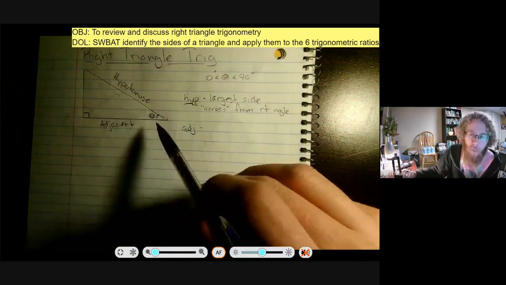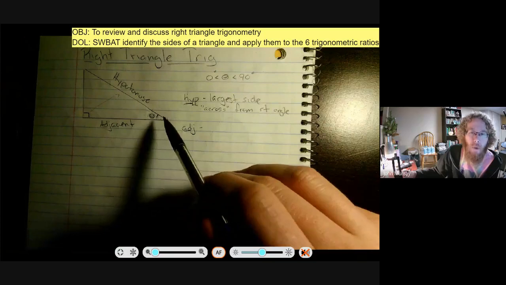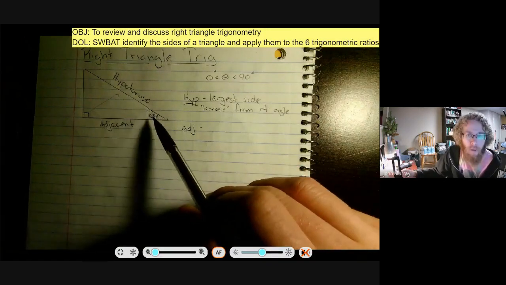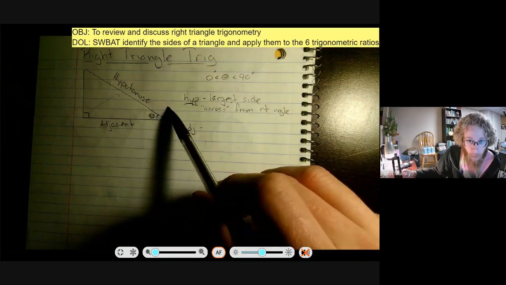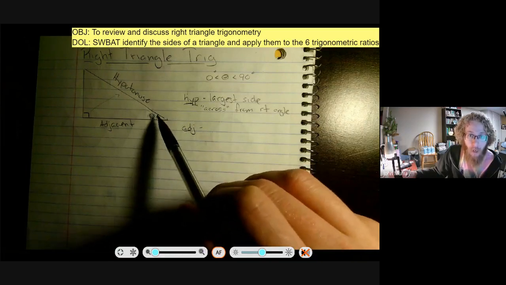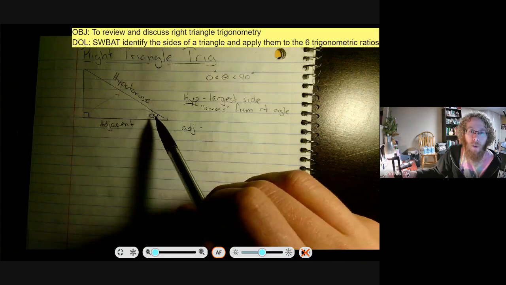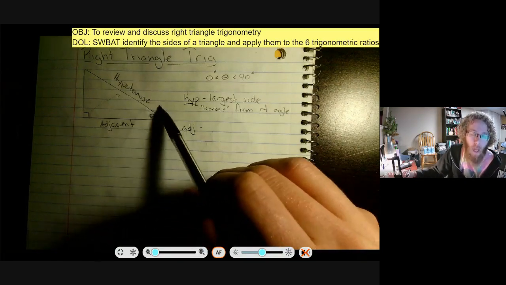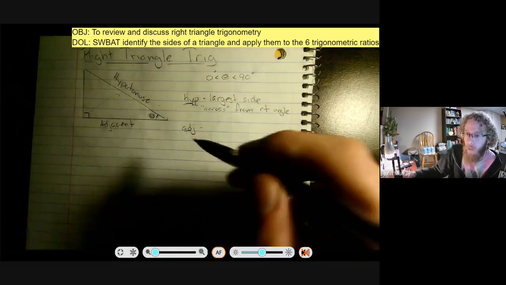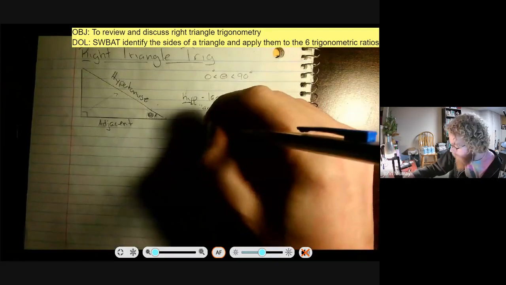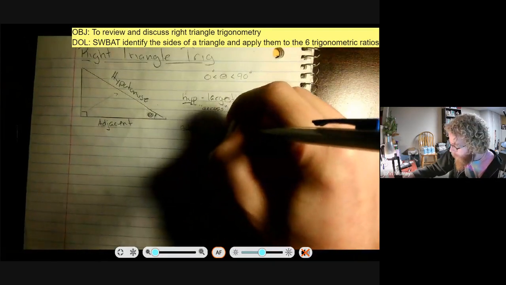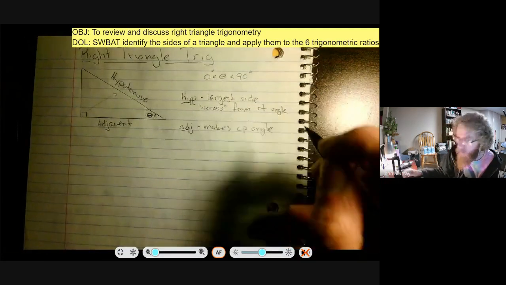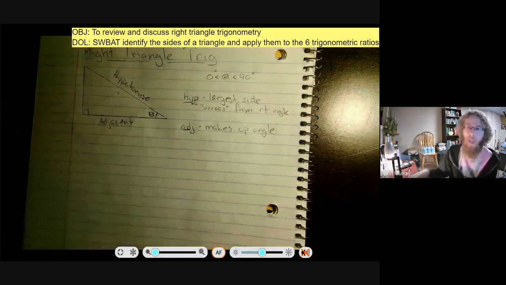It touches, it makes up the angle that we're looking at. Now, you're saying, well, Mr. Murray, we need two sides to make the angle. Well, the other side is always going to be the hypotenuse. So the angle we're looking at is made up of two sides, one of them being the hypotenuse, and the other being the adjacent. Okay, so the adjacent side helps make up the angle.